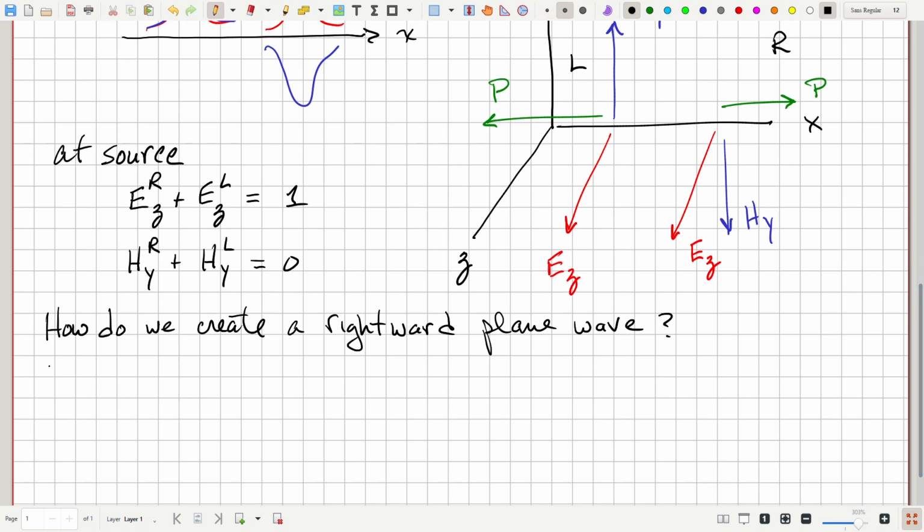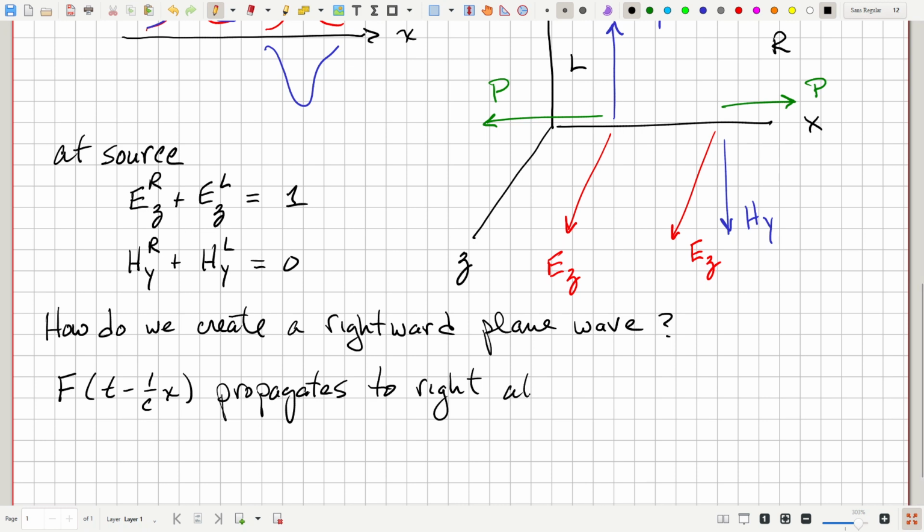Now, notice that in general, a function f of t minus 1 over c times x propagates to the right at speed c.